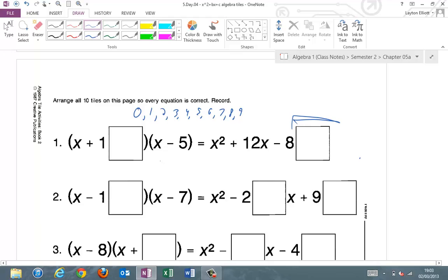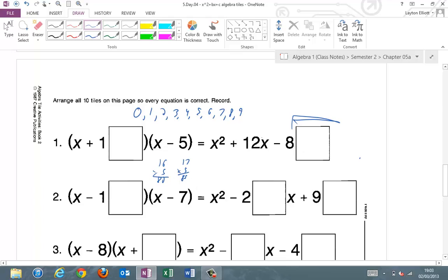If I do 14 times 5, I get to 70. That's not big enough. 16 times 5 is 80, and 17 times 5 is 85. So it's got to be one of those. It's either 16 times 5 or 17 times 5.